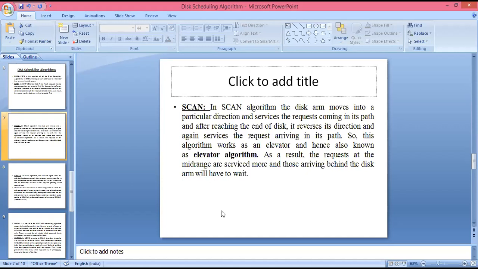That means first it is in increasing order and then again in reverse order. That type of algorithm is known as the SCAN algorithm. Just remember arc to center point to arc, or 1 to 10 and again in reverse order from 10 to 1.